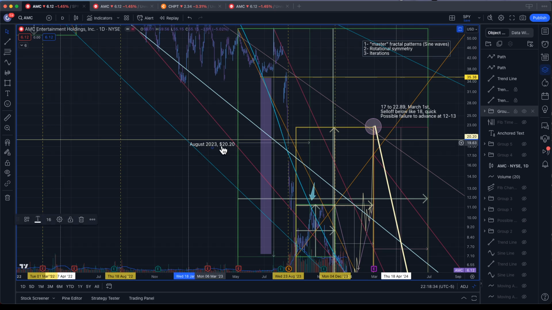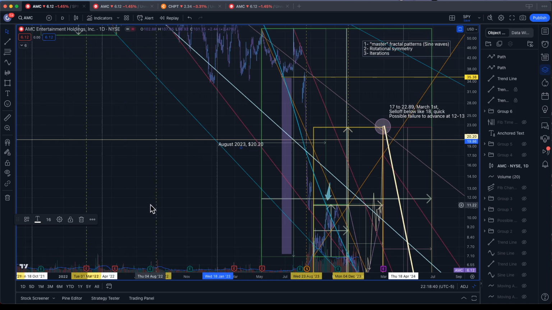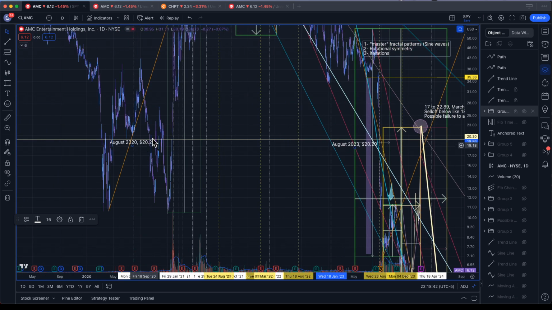So what I did is I marked it off. This is in August of 2023. We hit that 20.20 and then we dropped. If you go back to August in the year, where is it? August right here. We're basically hovering at $21. Okay, that's right here.